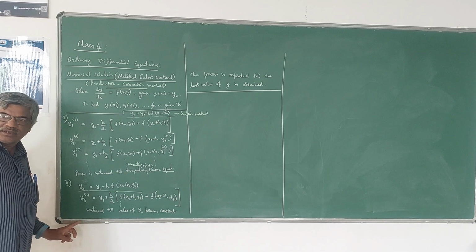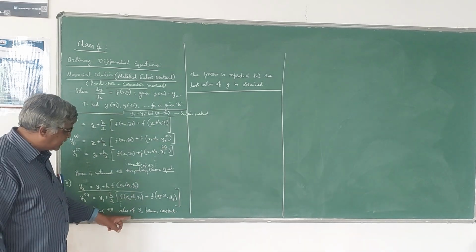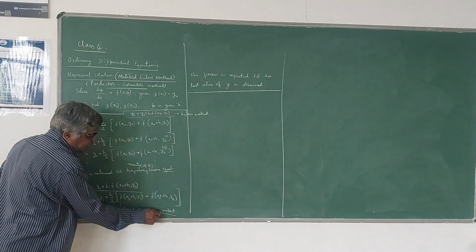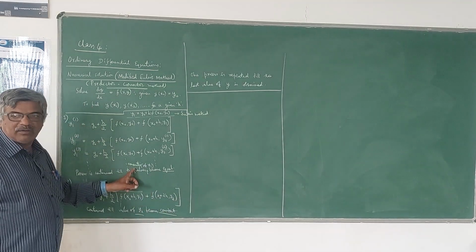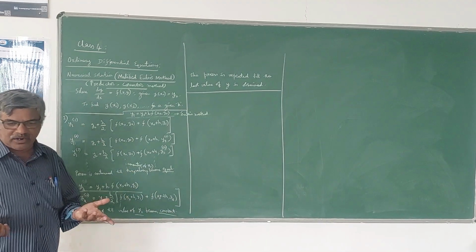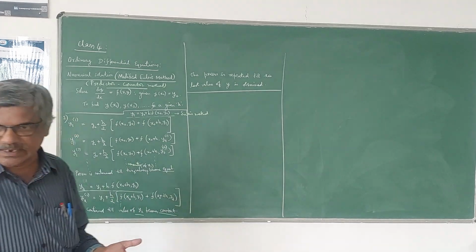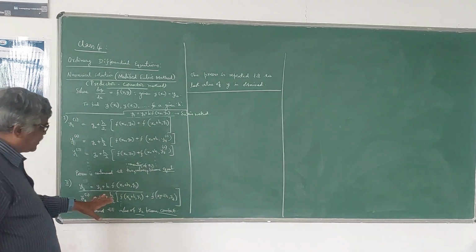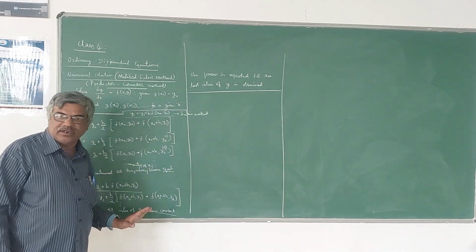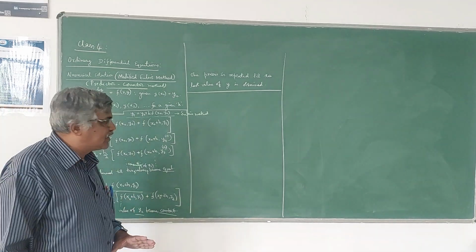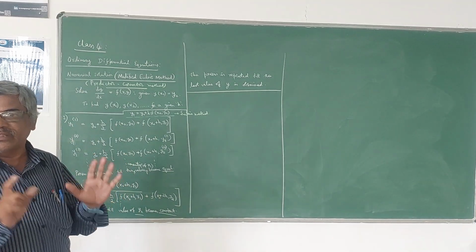This process is continued till the value of y2 becomes constant. Here y1 should become constant, and here y2 may become constant after 2 or 3 iterations. Once the value of y2 becomes constant in consecutive calculations, we can stop at that stage. That is the value of y2.